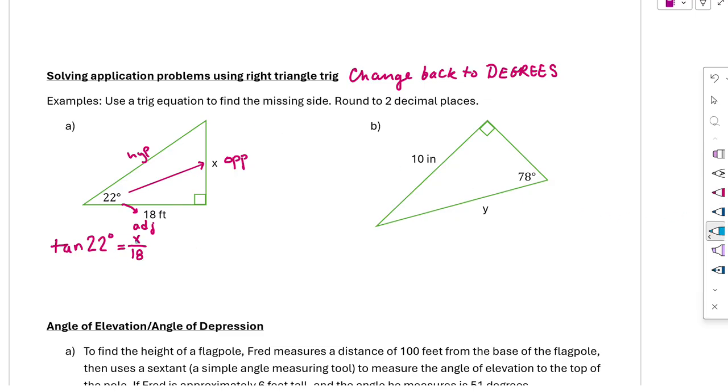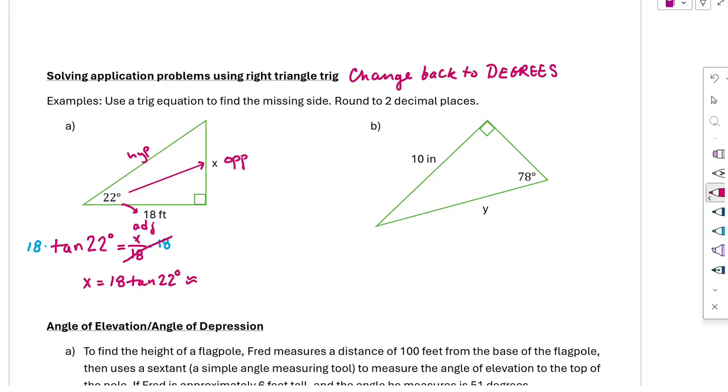Then we just solve this equation for our unknown. So our unknown right now is x. X is divided by 18, so to solve, we're going to multiply each side by 18. That way these will cancel. So you'd have x is equal to 18 times tangent 22. So this is where 18 tan 22 degrees would be typed into your calculator, and you're going to get a decimal answer.